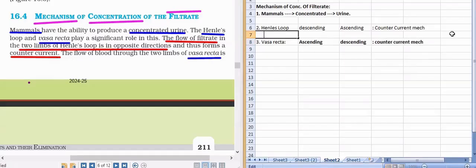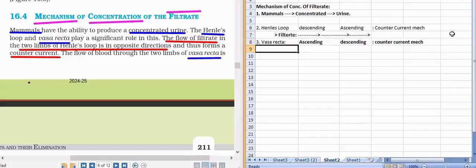Henle's loop carries filtrate, the vasa recta carries blood. The filtrate is moving from the descending to the ascending limb and further. That is the movement of the filtrate.